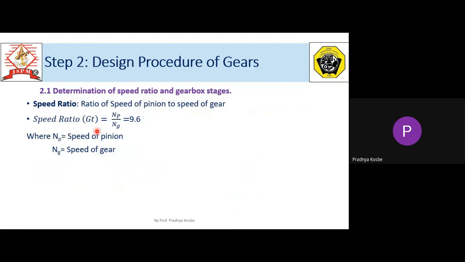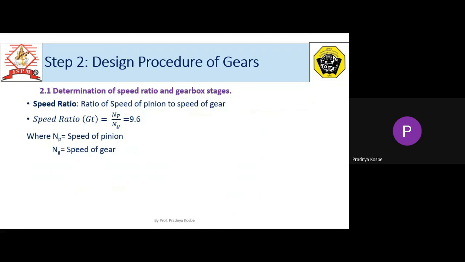Speed ratio, that is input speed divided by output speed, is known as the total speed ratio, so we denote it by GT. So speed ratio GT is equal to NP by NG, which is 9.6, where NP is the speed of pinion and NG is the speed of gear.